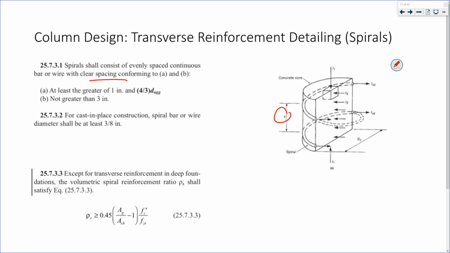The spiral bar diameter has to be at least a number 3. Then it gives a ratio of how much spiral reinforcement you need based off of your dimensions. We're not going to really get into spirals. We're going to stick with ties. But there you go.